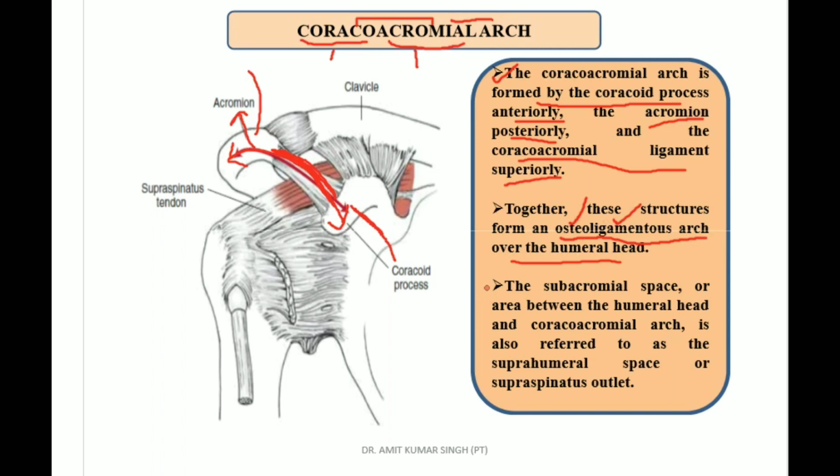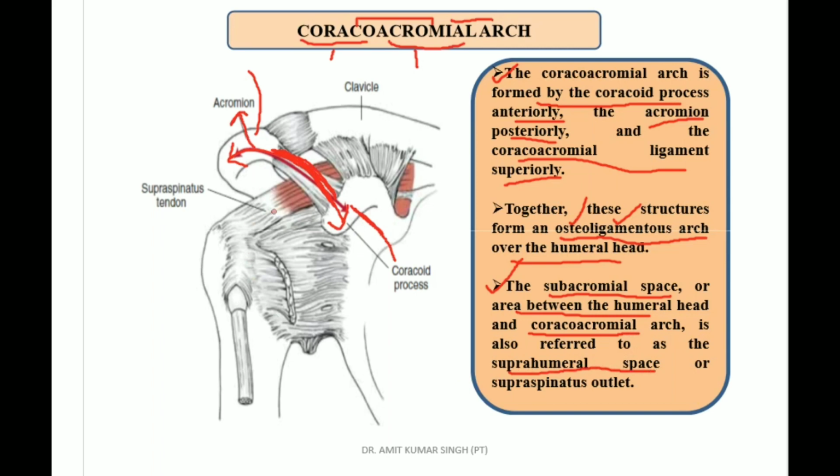It can also be termed the subacromial space. Sub means below, so this is the space below the acromion process. The area between the humeral head and the coracoacromial arch can also be termed the suprahumeral space.